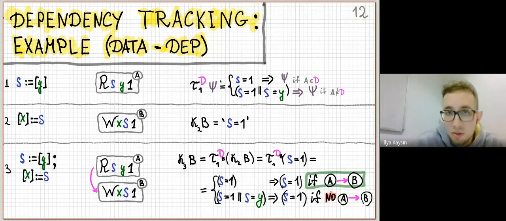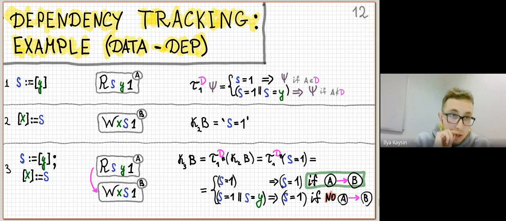The predicate transformer of this graph, because it's a read, depends on the set D. If D contains this read, then the predicate transformer just adds the premise S equals 1. And if D doesn't contain this read, then the predicate transformer adds a weaker premise that S equals 1 or S equals Y. So this is just the semantics of S equals Y, a read from Y to S.